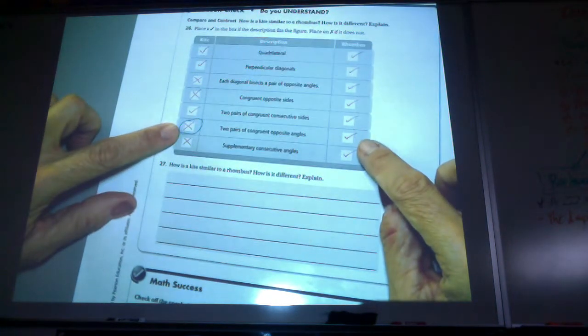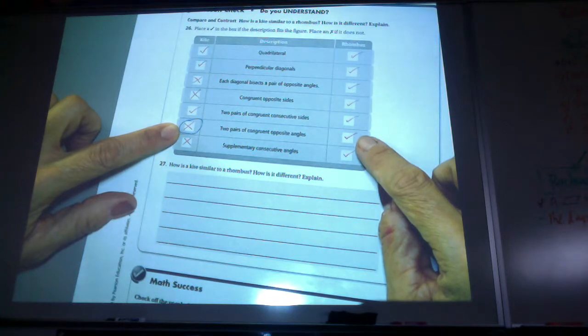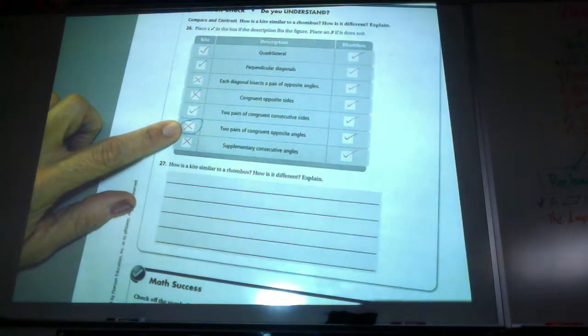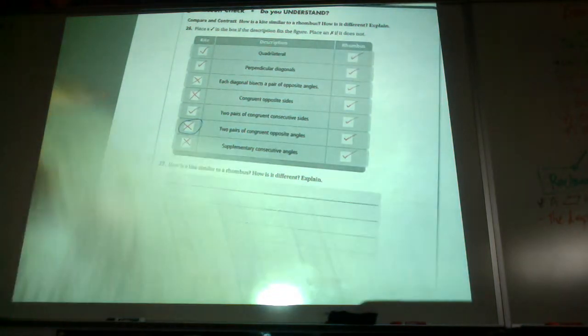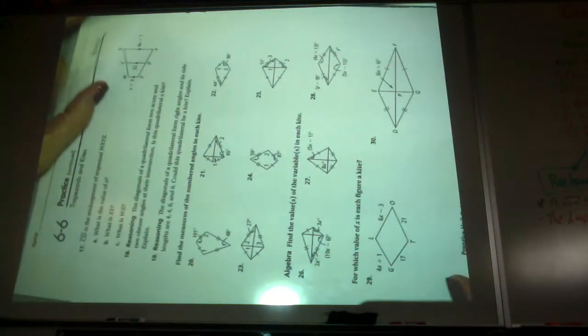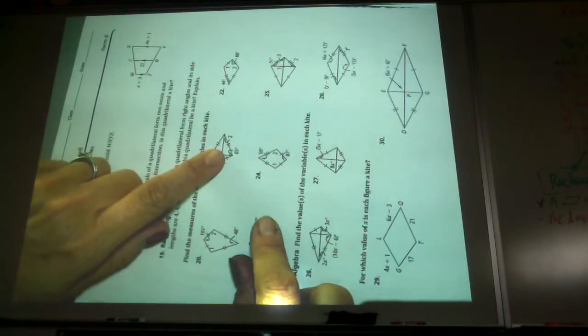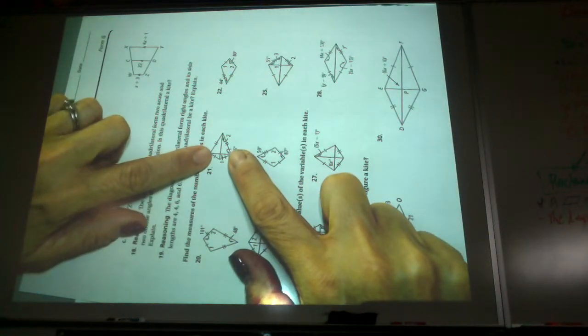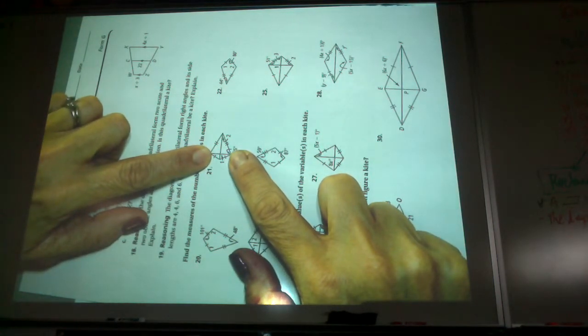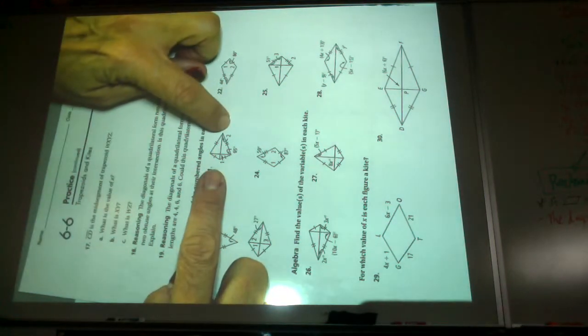Here, two pairs of congruent opposite angles. With the rhombus, that's true, because it's a parallelogram. With the kite, they don't have a characteristic that says so. But if you look at your angles on a kite, like here's a kite here, those have to be the same, true? And don't those have to be the same?